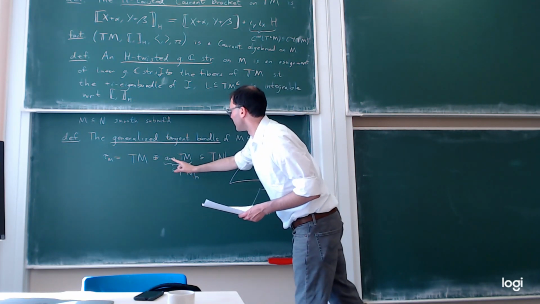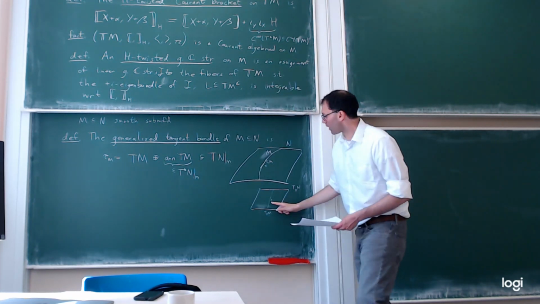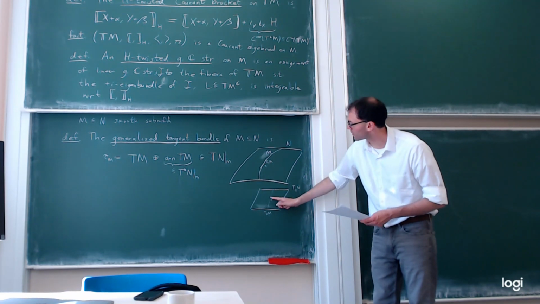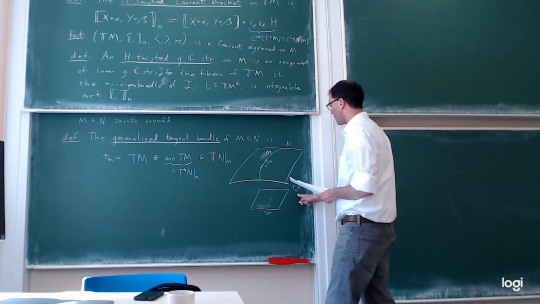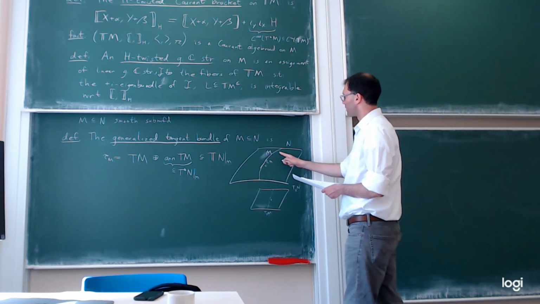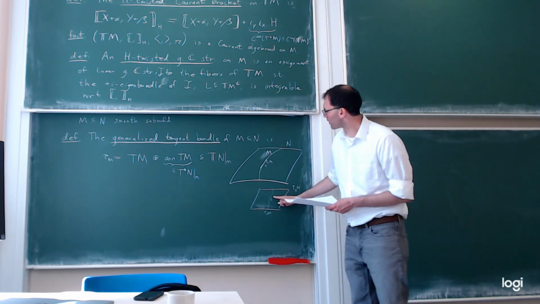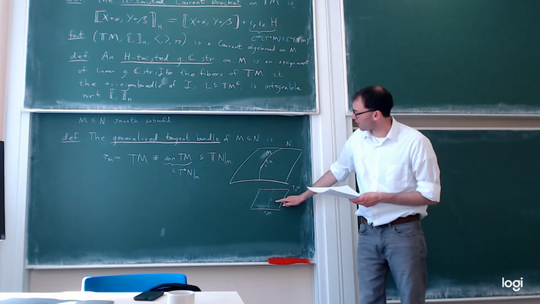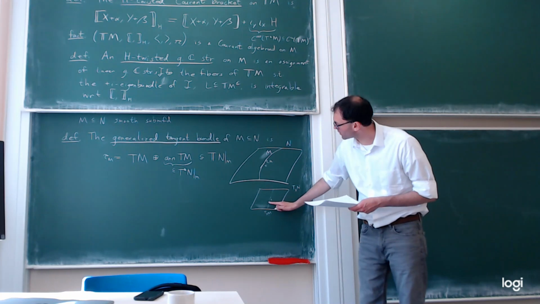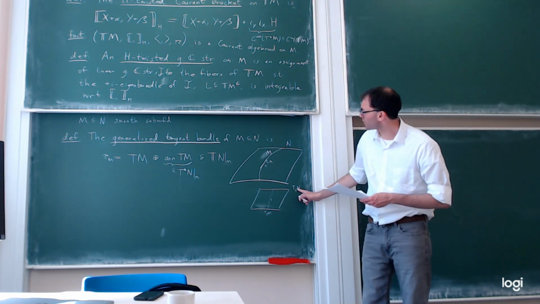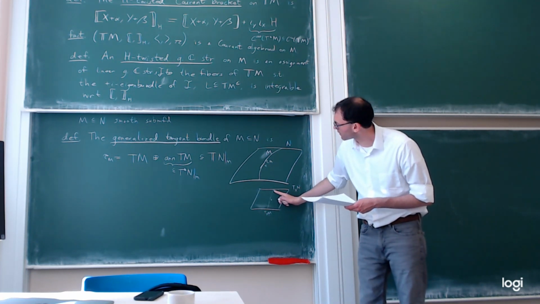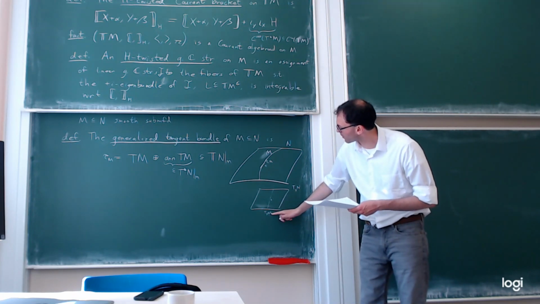That's one of the summands, and then the other term is the annihilator of this subspace at this point x in the cotangent bundle at x of N. So that's going to consist of all linear forms, all covectors on T_x N, which vanish on the subspace tangent to M.